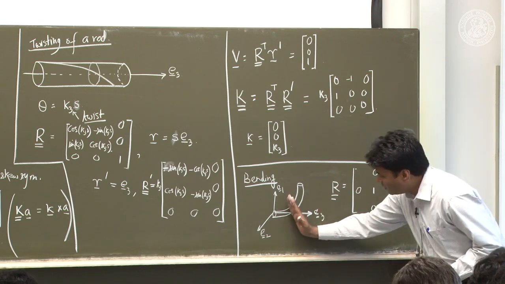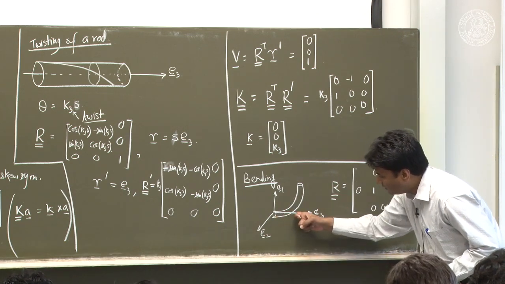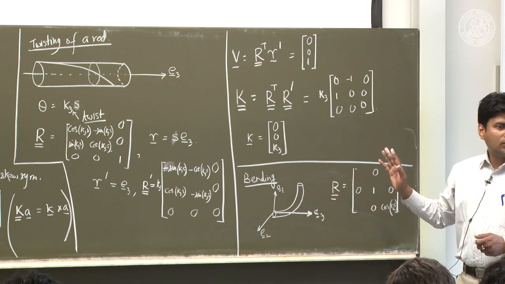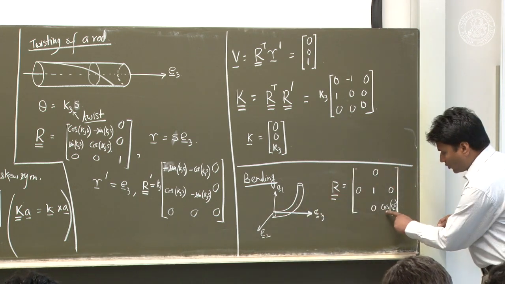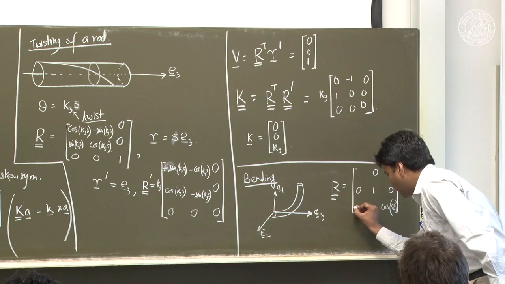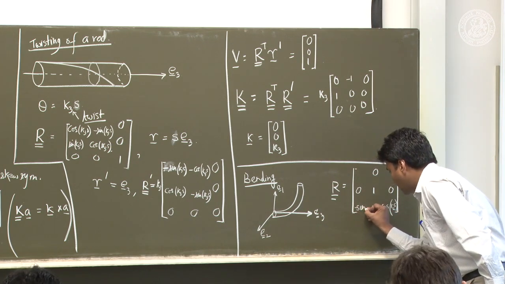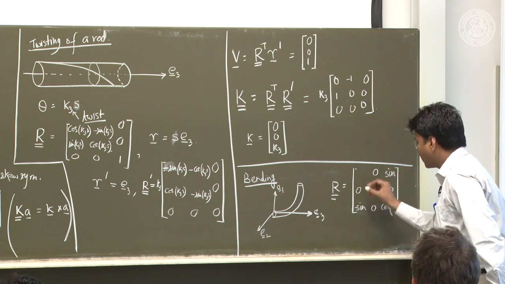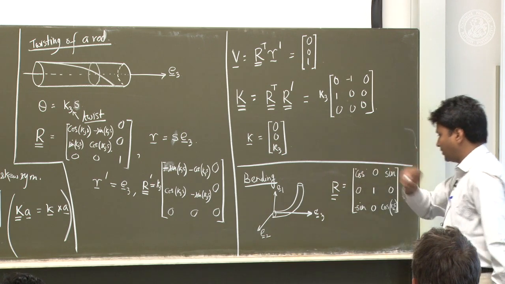So the rotation of a cross section at a distance S will be K2 times S. Okay, so that's cosine of K2 times S. Then this becomes minus sine of K2 times S. This becomes sine of K2 times S, and this becomes cosine of K2 times S.